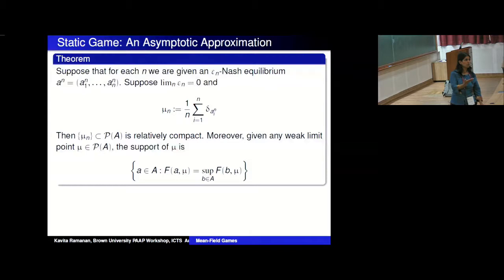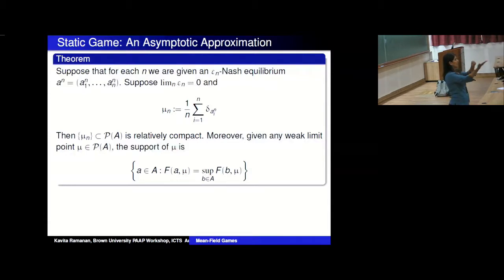You want to think of mu as the empirical measure of all the other players in the system, and you are one player doing this optimization, trying to choose the best action for yourself. So obviously you have to choose the action that maximizes this over all A. And the mu itself, it's of course a recursive definition, right? But the mu itself will put support only on those kinds of A's.